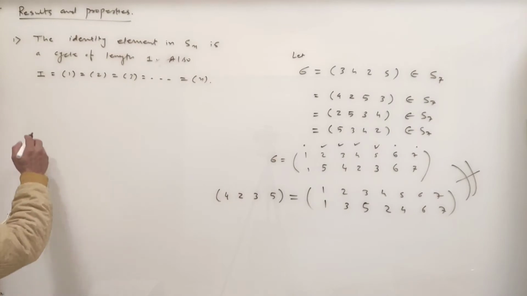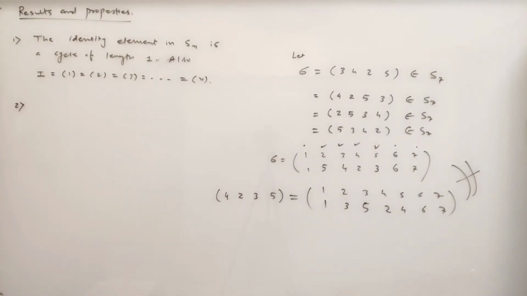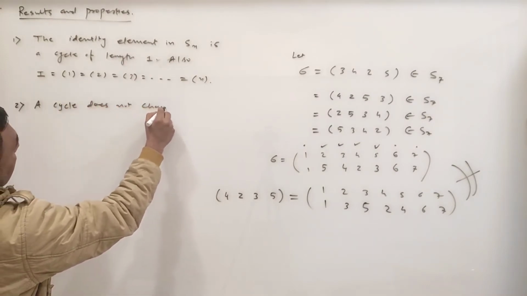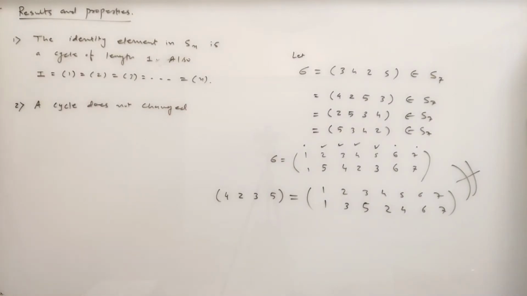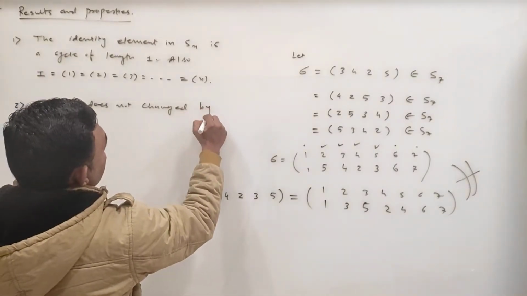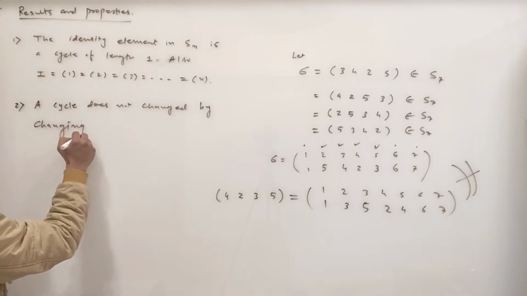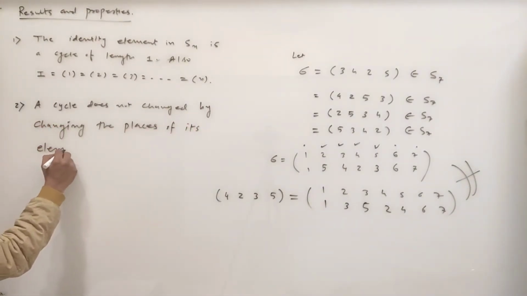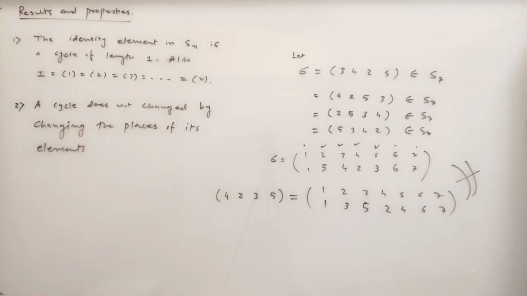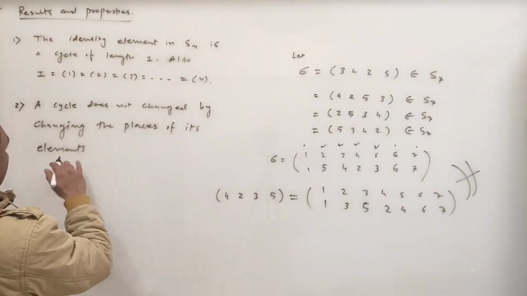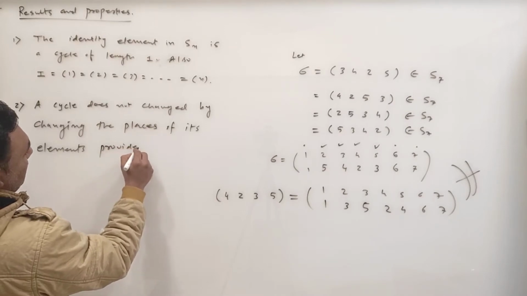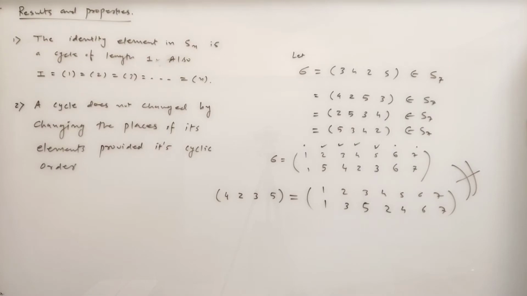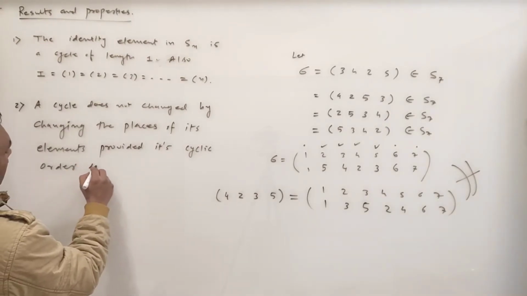So let us put these things in a remark. So a remark or result, the second one: a cycle does not change by changing the places of its elements in cyclic order, provided its cyclic order is not changed.